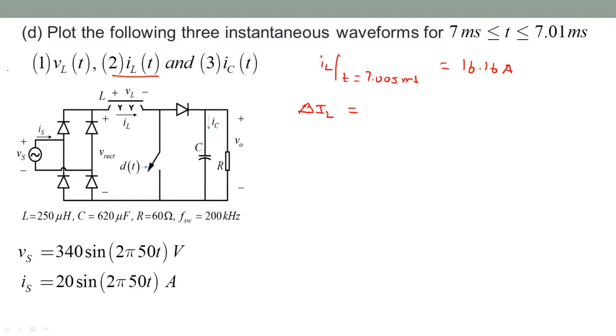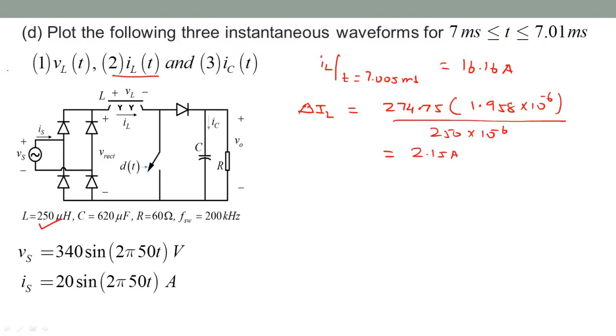So during the on interval, it was the Vrect of 274.75, and the duration was DTs, which also we know, that was 1.958 microsecond, V in DTs over the inductance L, which is this value, 250 microhenry. Okay, so the delta IL works out to be 2.15 amperes.